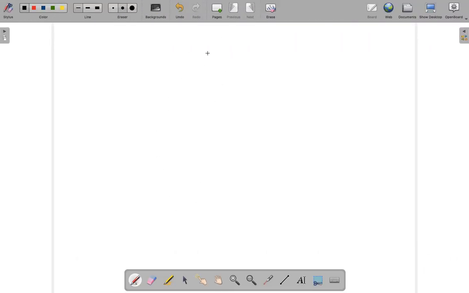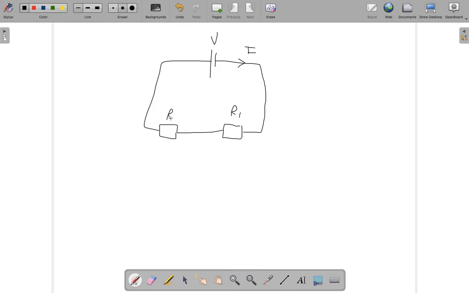So what this means is that if I have a cell over here going into a circuit where we have one resistor and another one, and you have a current of I, and this battery cell over here has a potential difference of V, and you have resistors R1 and R2, V must equal I R1 plus I R2, or the sum of V equals V minus I times (R1 plus R2).